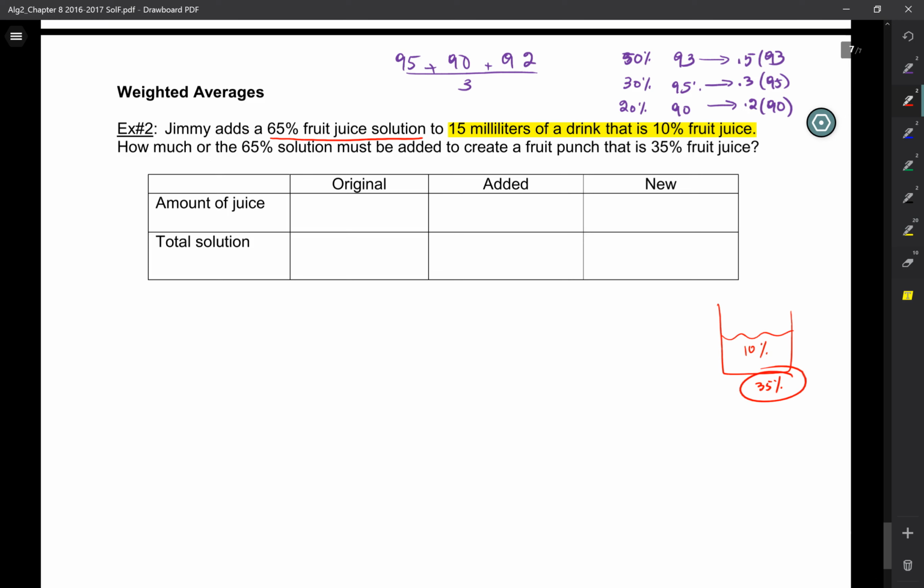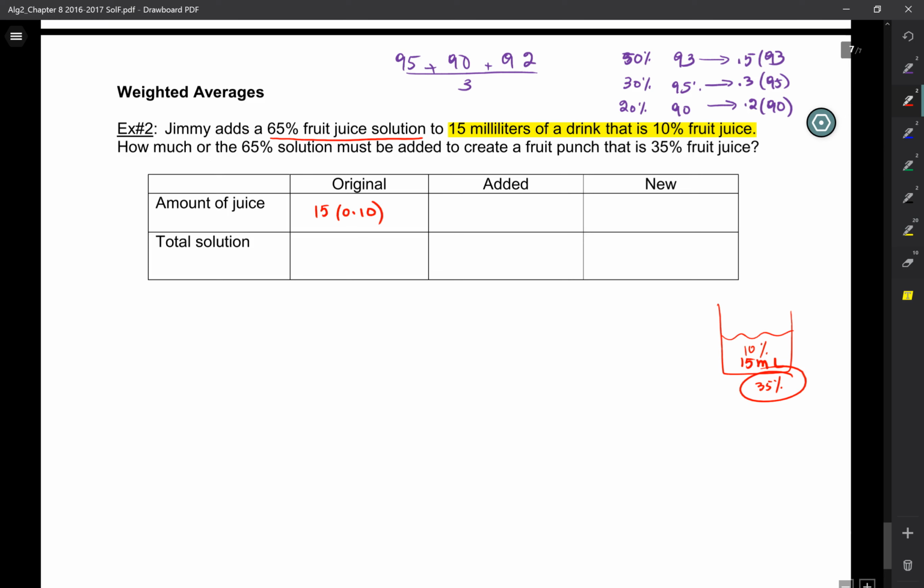Okay? So how are we going to do this? There are 2 things at play here. One is the amount of juice, and then the total solution. In the original, I have 15 milliliters, and it's a 10% solution. Is everybody following? So how much actual juice do I have? 15 times 0.10.